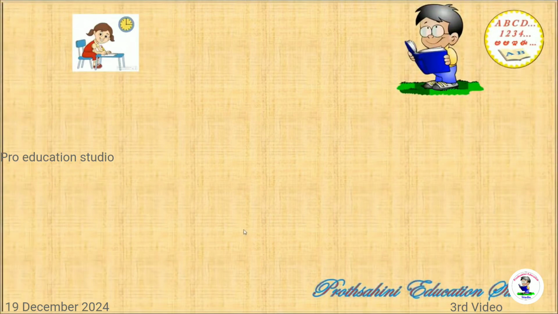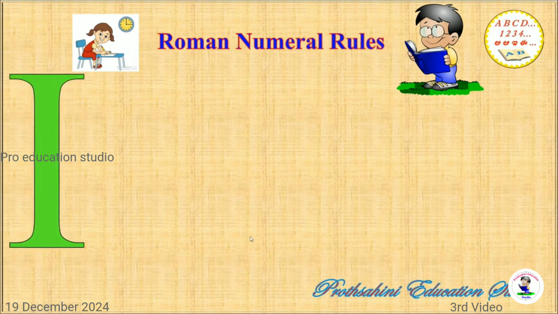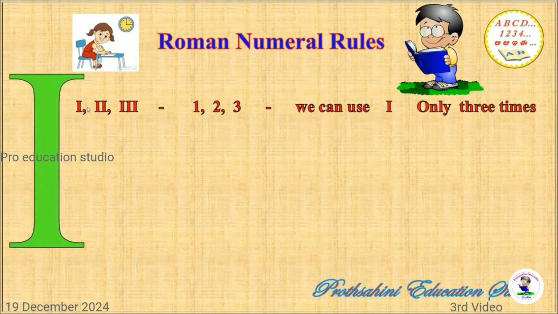Now we will discuss Roman numeral rules. You can say with me, Roman numeral rules. Now, I, II, III: 1, 2, 3. We can use I only 3 times.